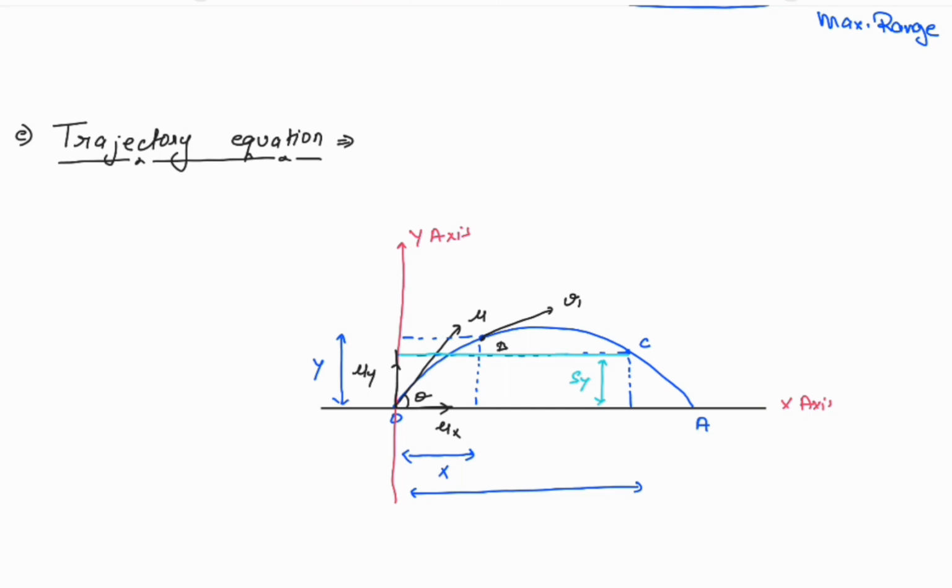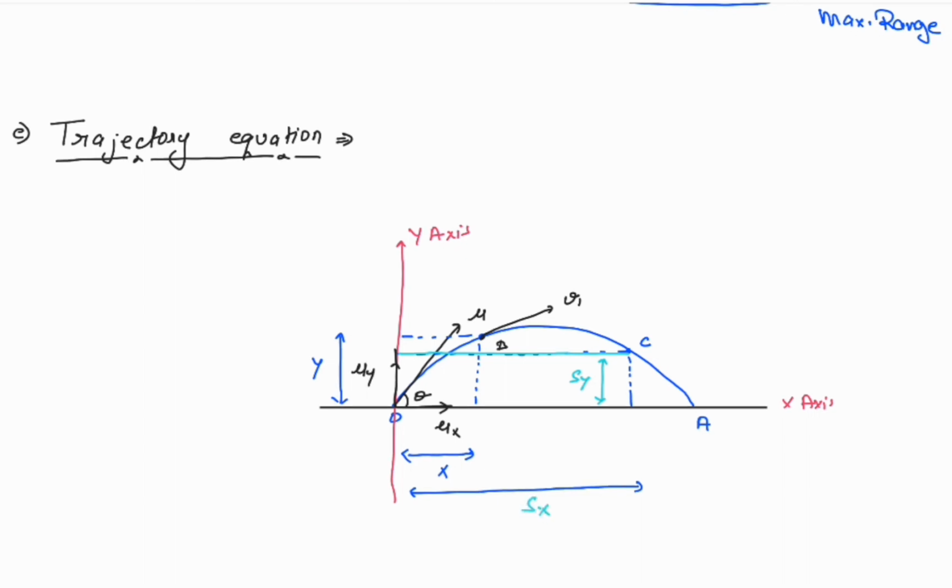This is s y for point C, and this is s x for point C. What is the relation between s x and s y, the coordinates of any point? The trajectory equation will be given like y is equal to x tan theta times 1 minus x upon R. This is the trajectory equation of the projectile motion.